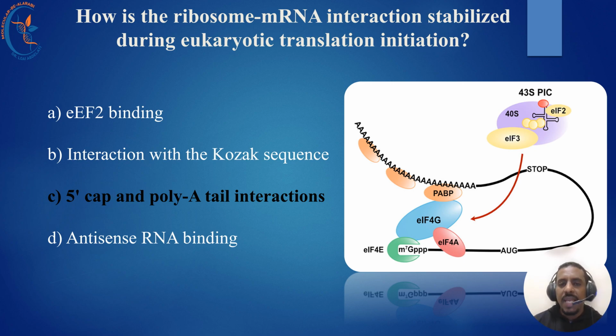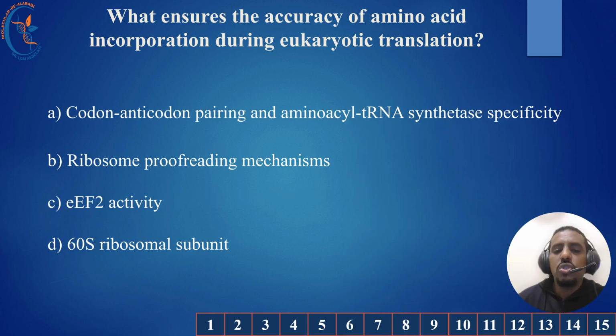The 5' cap binding proteins and the poly A tail binding proteins interact to form a loop, bringing the two ends of the messenger RNA close together. This circularization helps the ribosome stay attached to the messenger RNA, ensuring an efficient and accurate translation process. Okay, let's move on. Okay, the next question is, what ensures the accuracy of amino acid incorporation during eukaryotic translation?